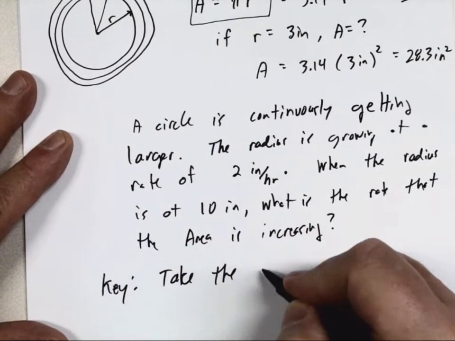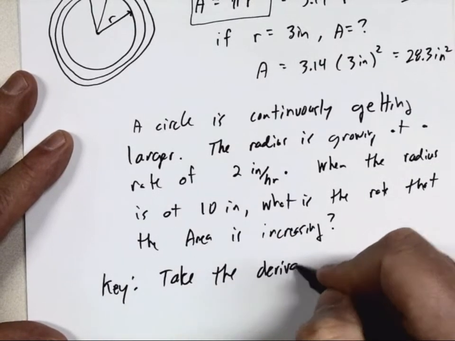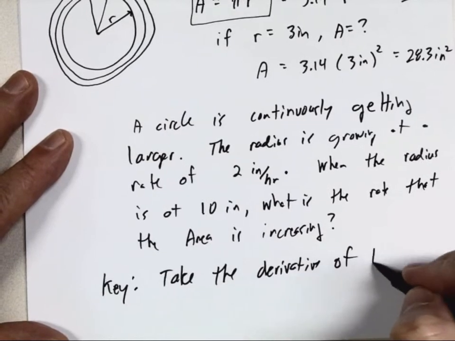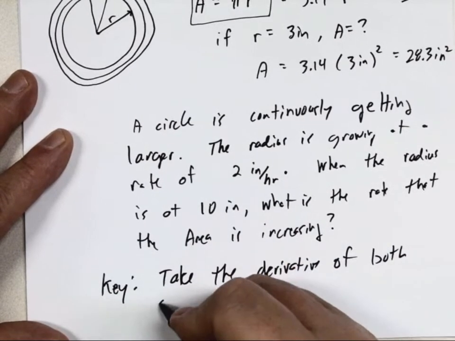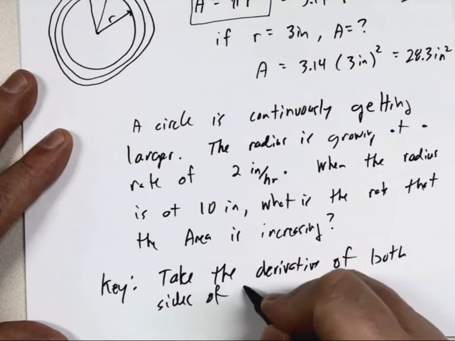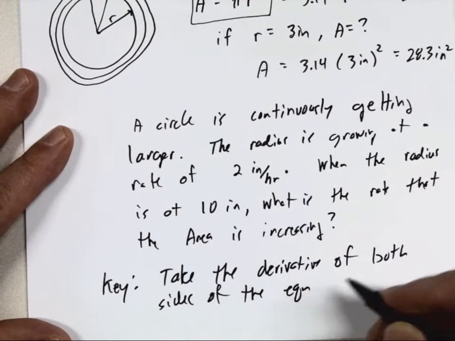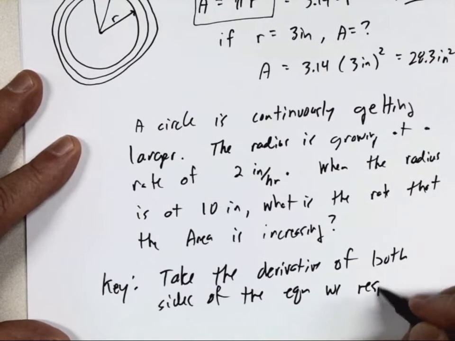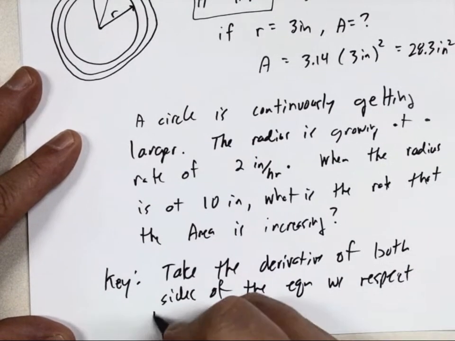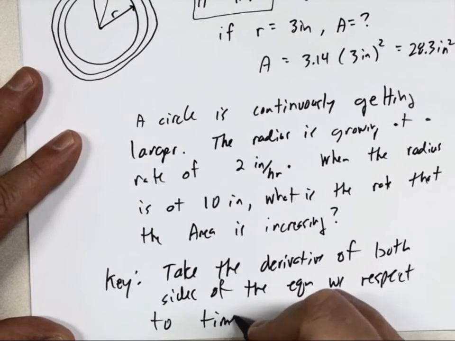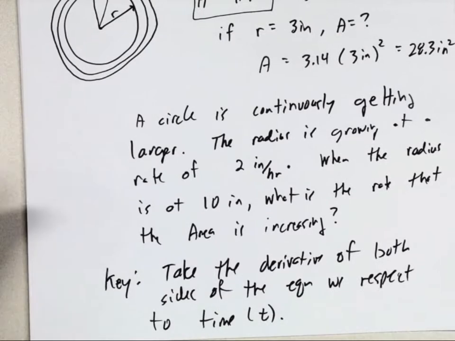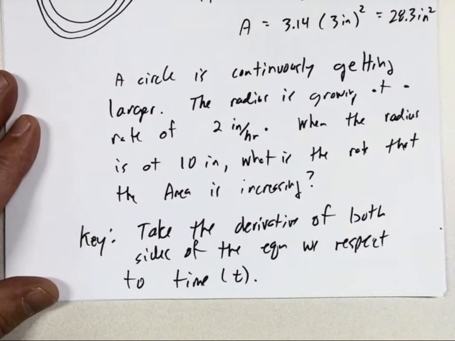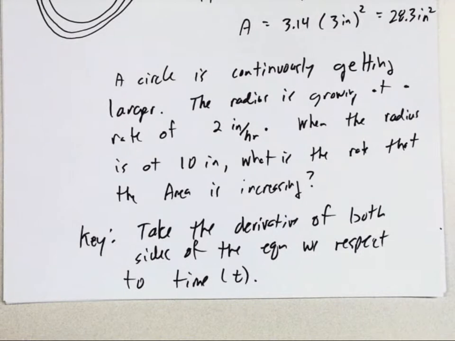You take the derivative of both sides of the equation with respect to time, or we think of the variable t. That's the whole key to solving these related rate problems, and because you do the same thing every time, knowing what to do is not difficult.